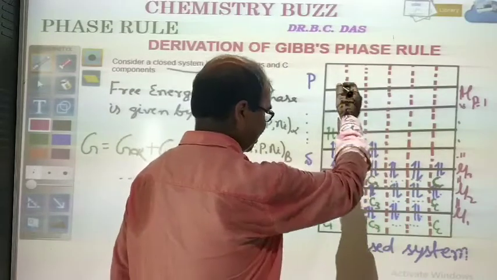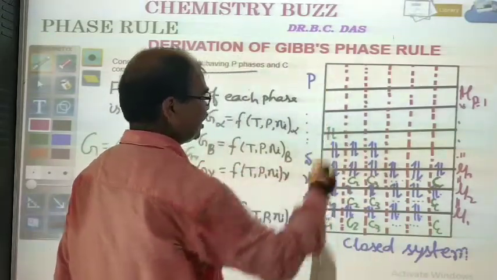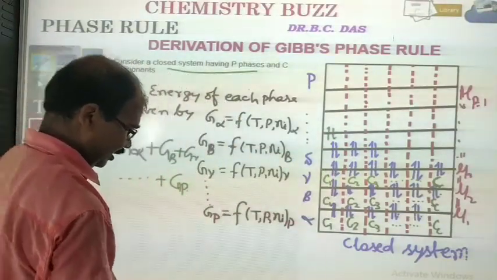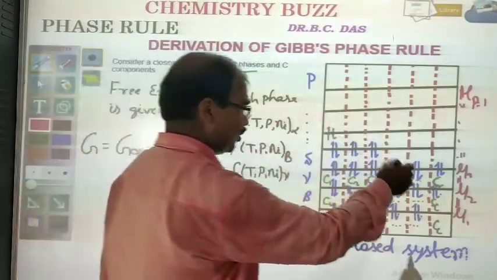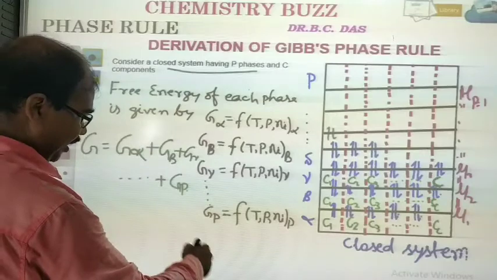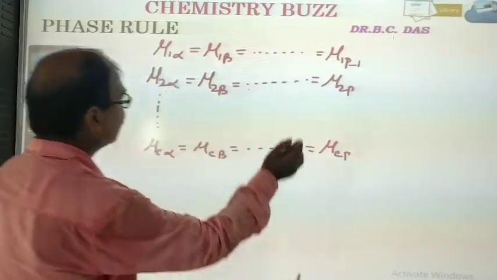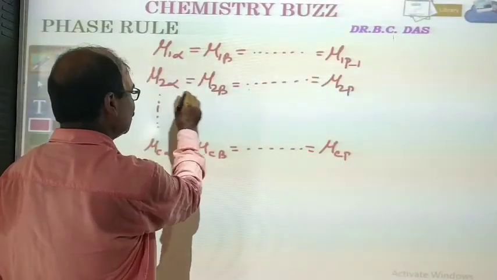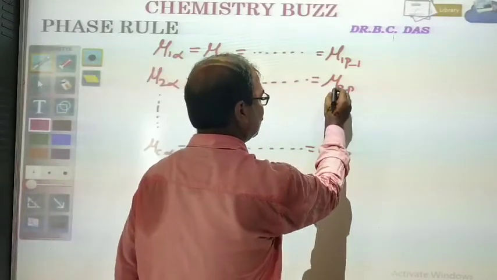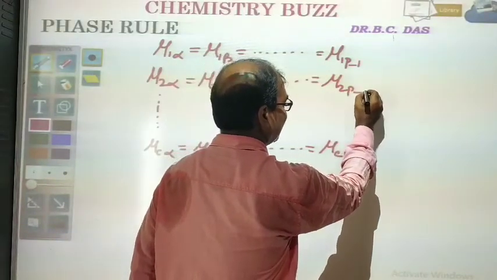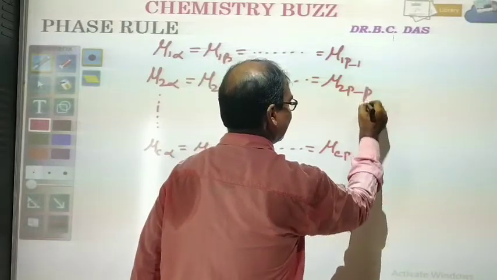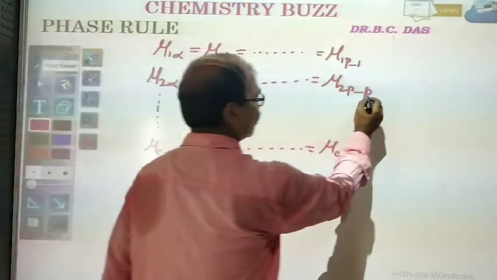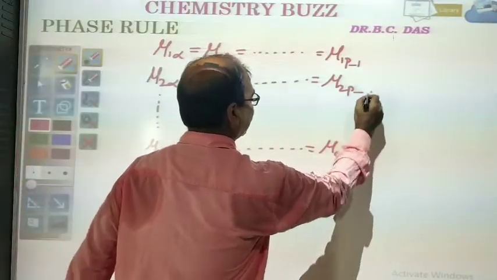All these chemical potentials of the same component in different phases are the same. That means the chemical potential of different components in each phase becomes equal. So mu2 alpha for component 2 is equal to mu2 beta is equal to mu2 P minus 1.